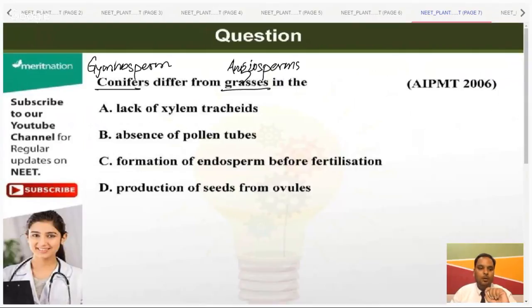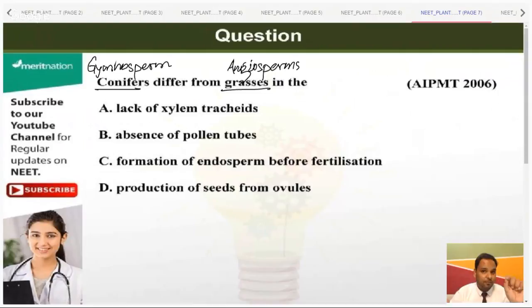What is double fertilization? The first one will form your seed. That is syngamy. The second type of fertilization happens between a polar nuclei and another male gamete. That is triple fusion. Because two types of fusion are happening, we call it double fertilization.